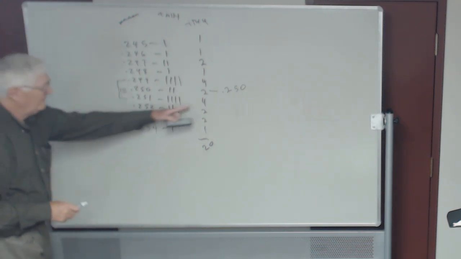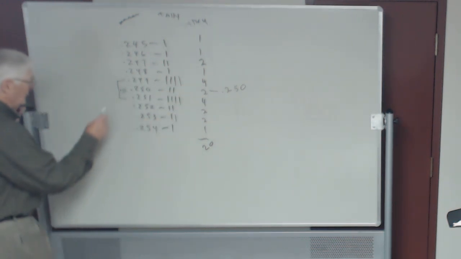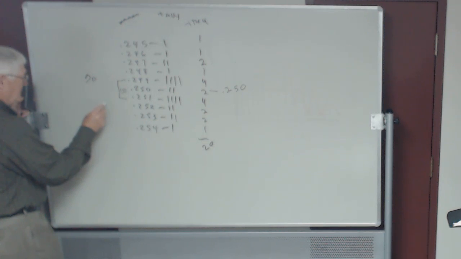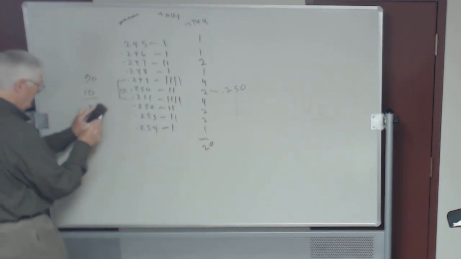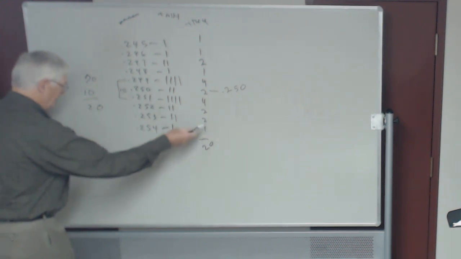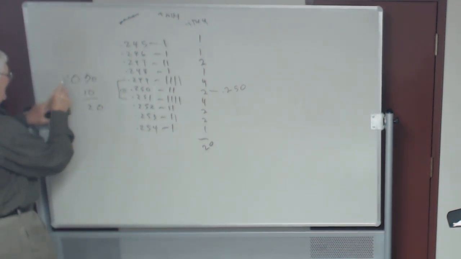Is that right? Yep. 4 here, and 2 here? Yep. So what percent would that be? 10 out of 20? Total of 20? So that would be 50%. Agreed?